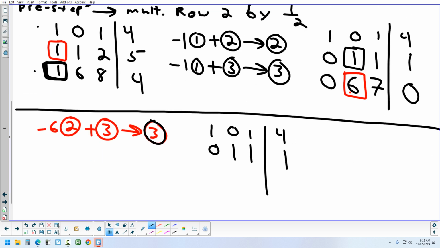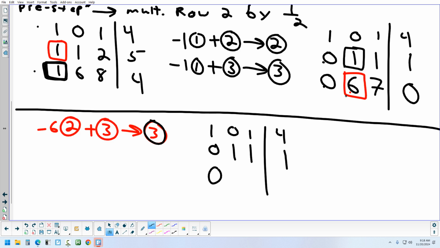And now let's do what we said. Multiply by -6 and add it to row 3. What's 0 times -6? 0 plus 0. 0. That's why we got those zeros there, so they won't mess up anything else we do in the problem going forward. Okay. What's 1 times -6?